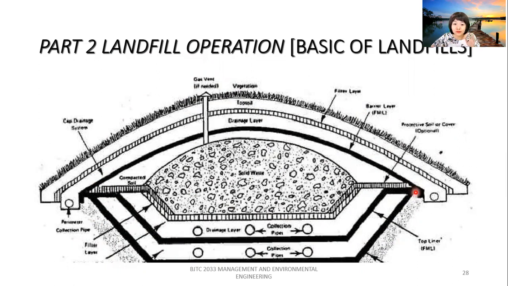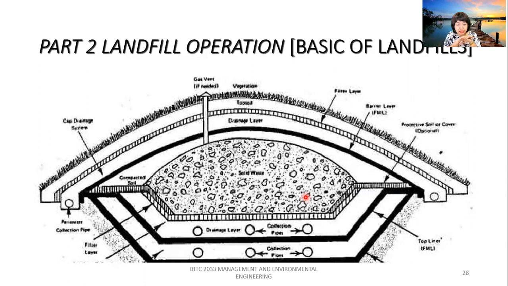Because why? All of us know when the solid waste is put here, all the moisture will go down by gravity. But then we can't let this water go into our underground water resources.